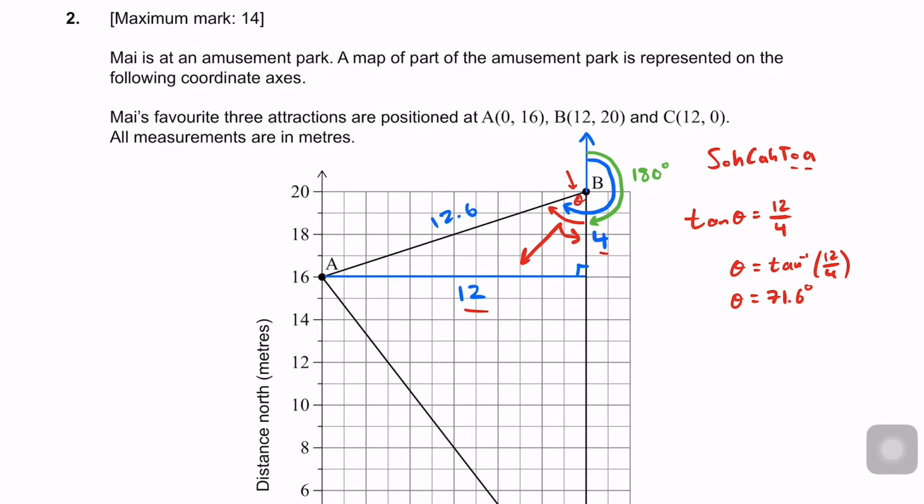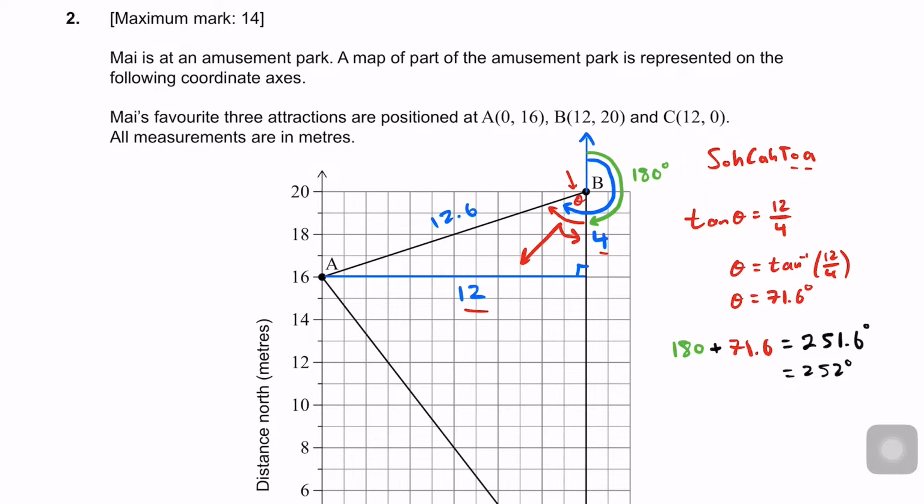So let's write that out: 180 plus this 71.6. This is the value that we need to sweep through, and this is going to be 280 and 51.6 degrees, or to 3 sig figs, 252 degrees. And that would be enough.